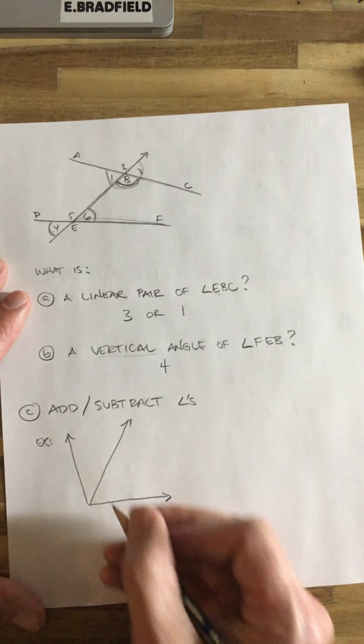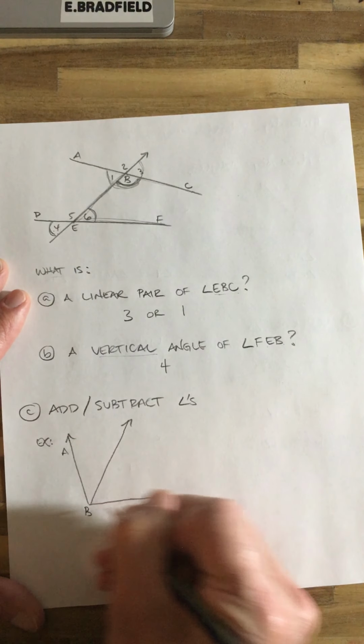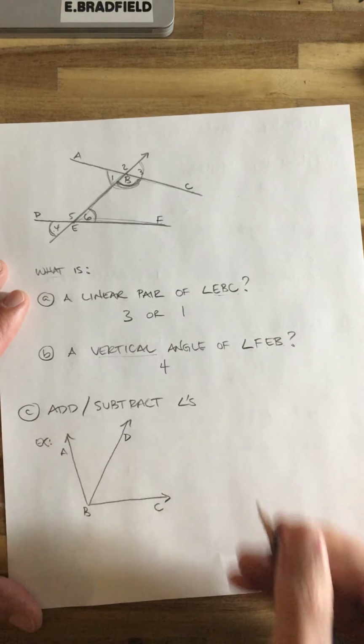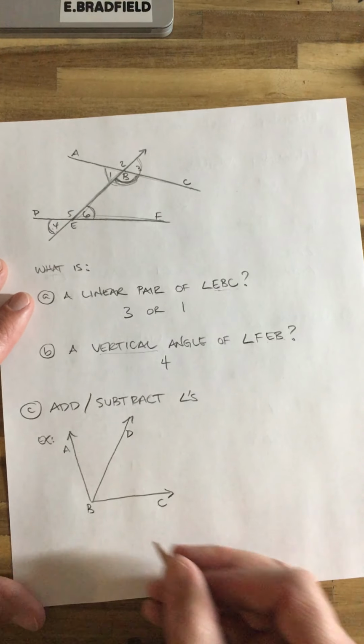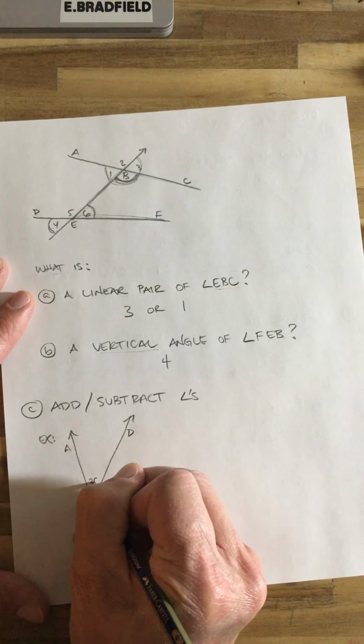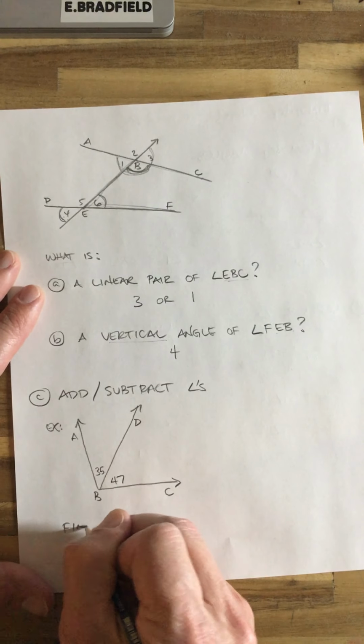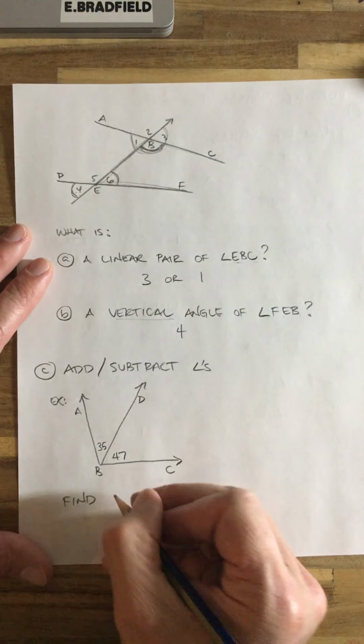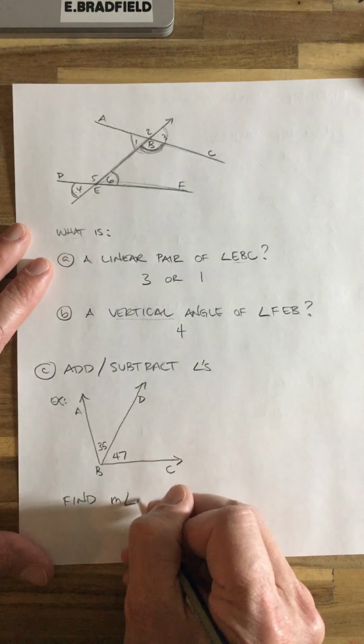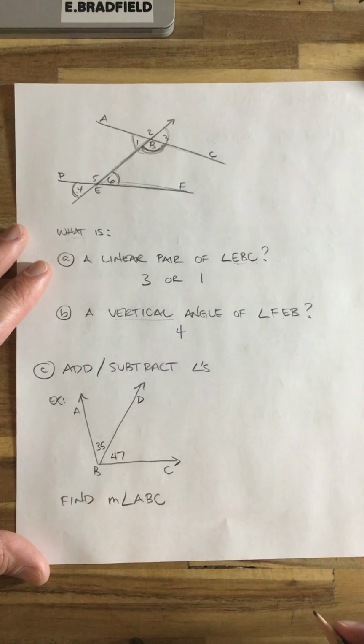This is A, B, C, and this is D. This angle here is 35, and this angle here is 47. I want you to find the measure of angle ABC.